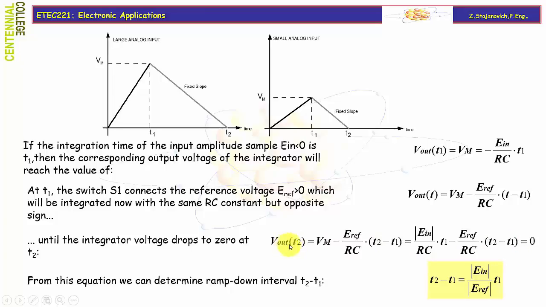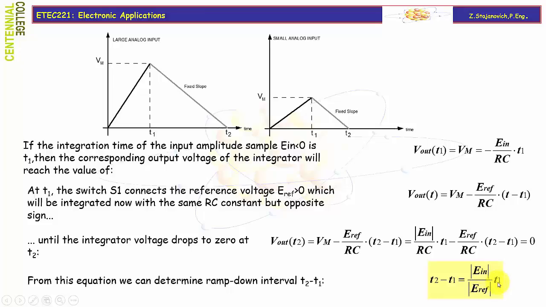Substituting the expression Vout for the moment t2 when it reaches 0 and solving this equation, t2 minus t1, which represents the time that we will allow pulses to go through, is proportional to the input amplitude, the reference voltage, and time t1.